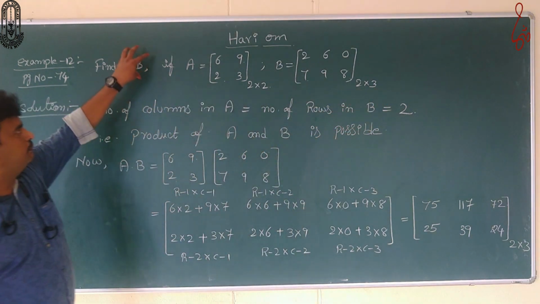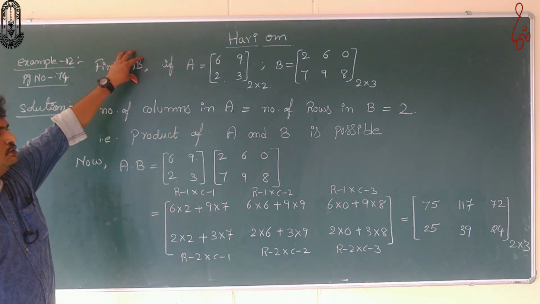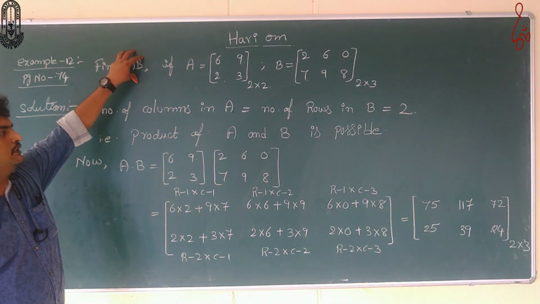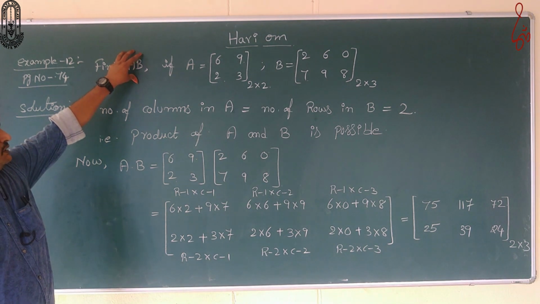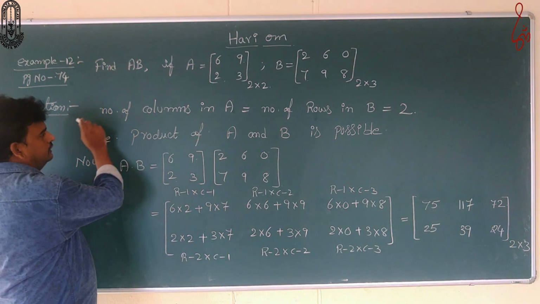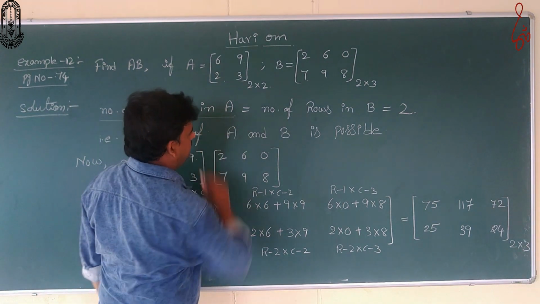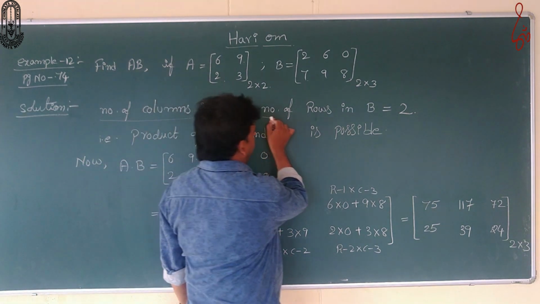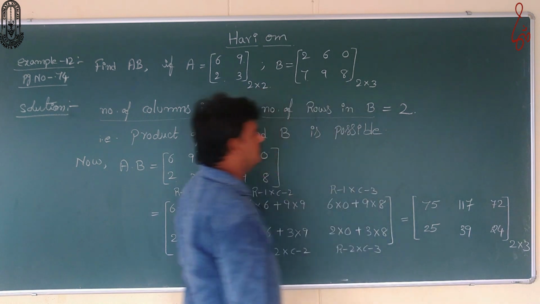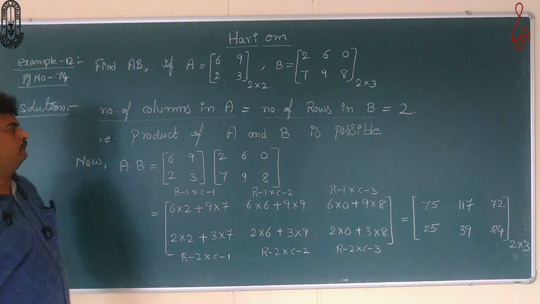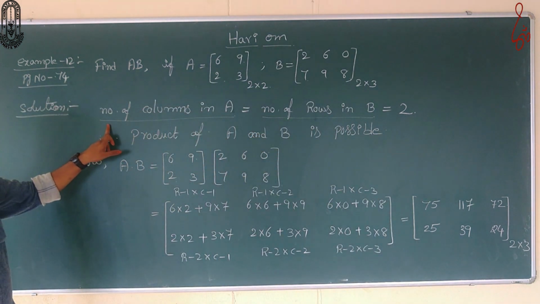Before finding the product, first we need to check a condition: the number of columns in A and the number of rows in B, whether they are equal or not. So here I am writing the condition.